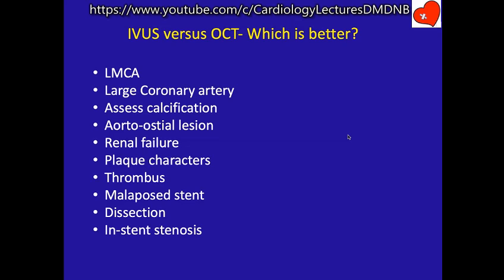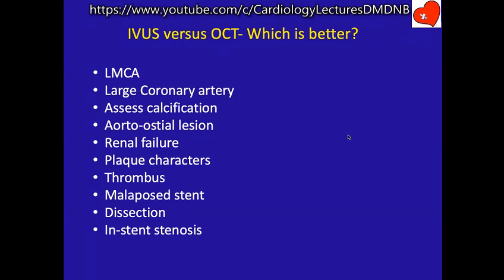Okay. Aorto-osteal lesion. Which one will you do? IVUS. Why? Contrast flush is difficult in aorto-osteal lesions with OCT. Very good. Because you have to engage the guiding catheter fully and block the forward flow for OCT.